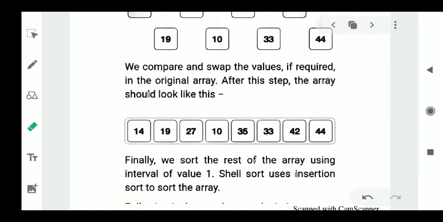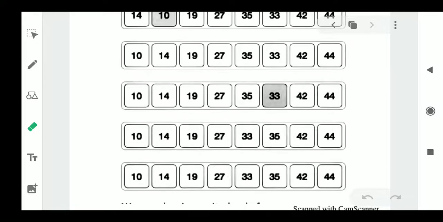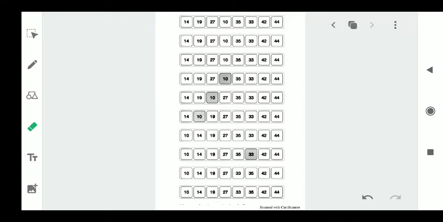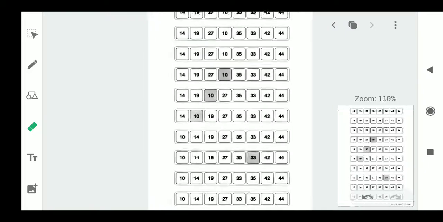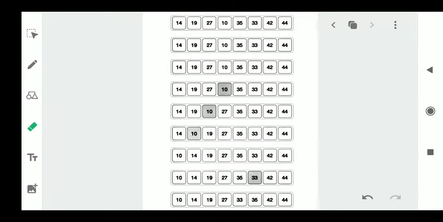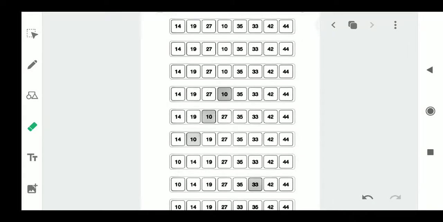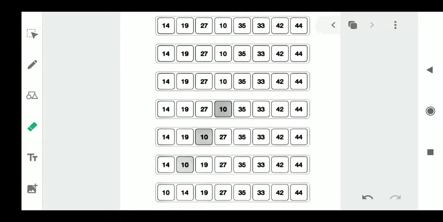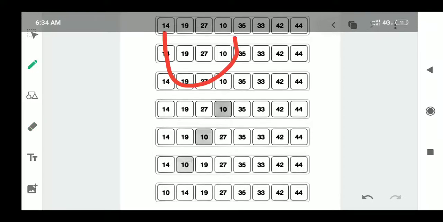Now the remaining algorithm will also proceed like this. Once iteration 1 is over, we will go for the same kind of process by reducing the interval.